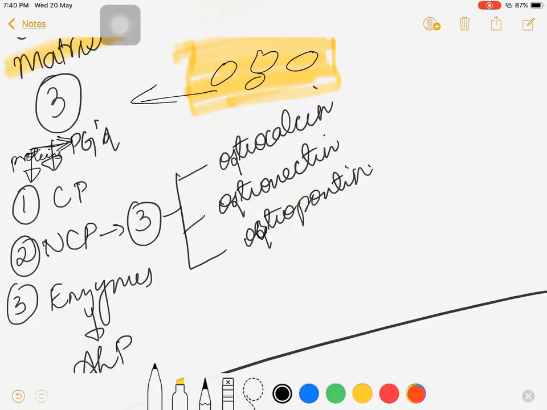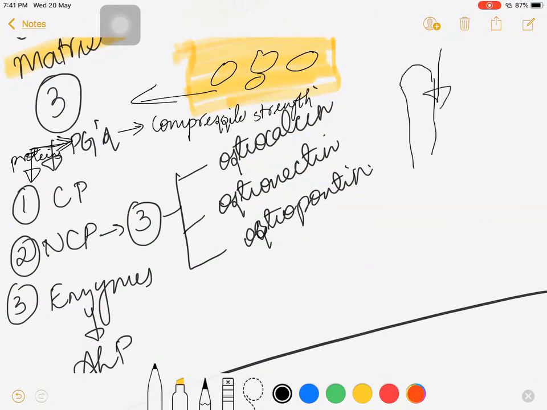So proteoglycans, glycans, aminoglycans, all these GAGs, etc. So that will be proteoglycans. Why is proteoglycan important? It's important for the compressive strength of a bone. So if this is a bone, it's subjected to a lot of weight.